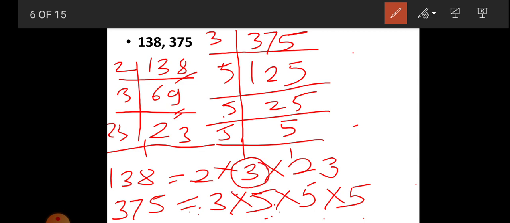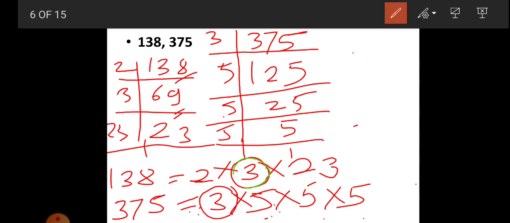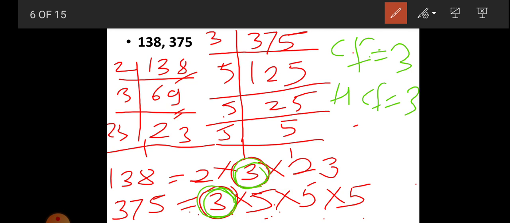So only 3 is a common factor. So common factor is 3 and HCF is 3. Got it, students? Now next example.